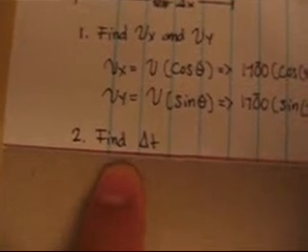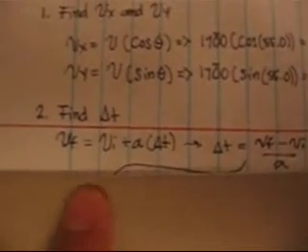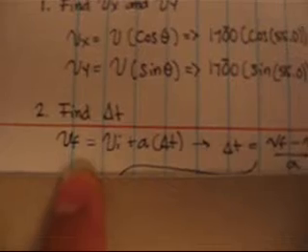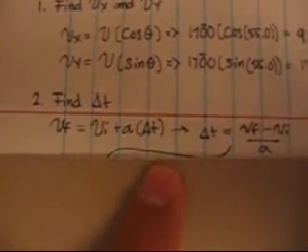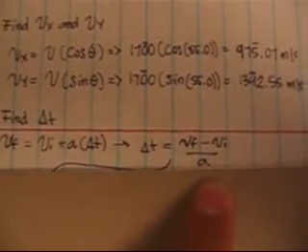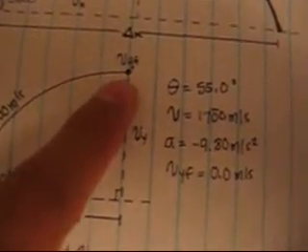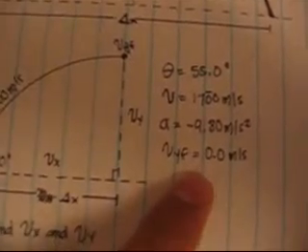Now what we do is to find time. So right here we have an equation from the book that says VF equals VI plus A times time. So I rearranged it so that it can solve for time, and since we do have VYF as a final, then we can use this, which is VY, as an initial.